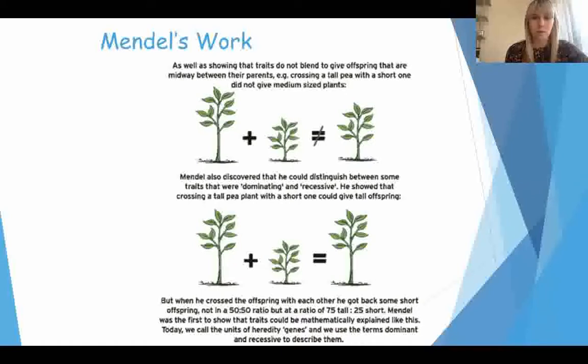But he showed that crossing a tall pea plant with a short one doesn't give a medium one, it gives another tall one. So why does this happen? And he did ratios, which is very important. Then Mendel wrote down 3 important genetic laws. So that's what we're going to study next.